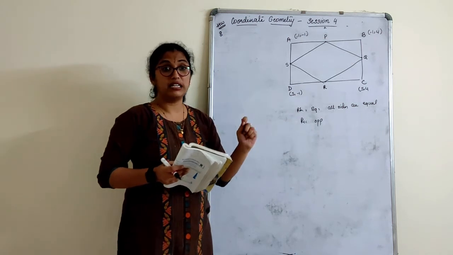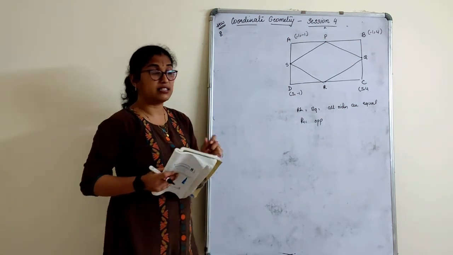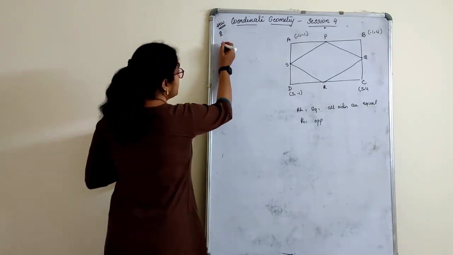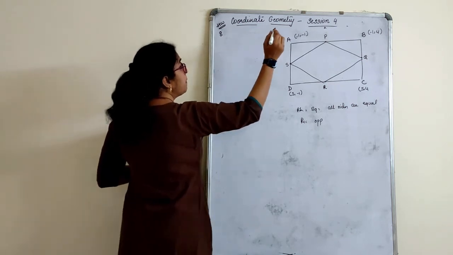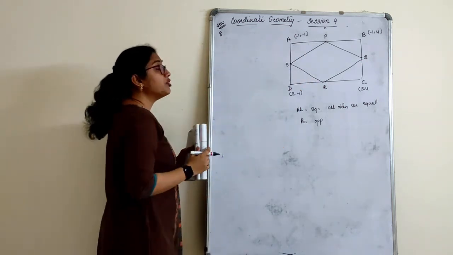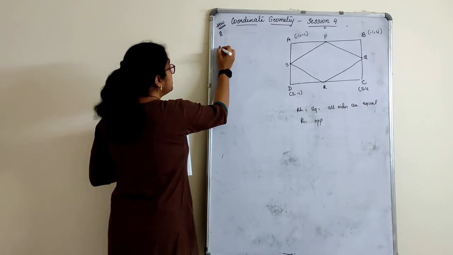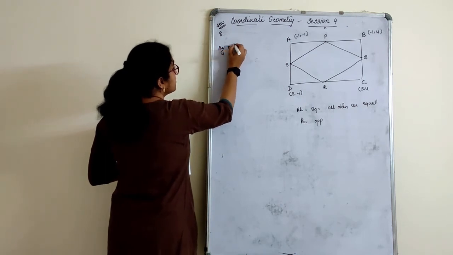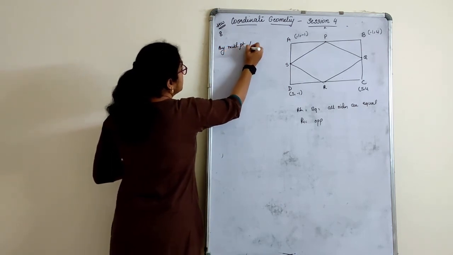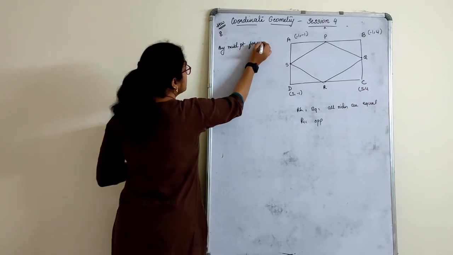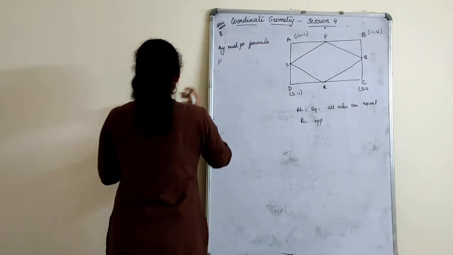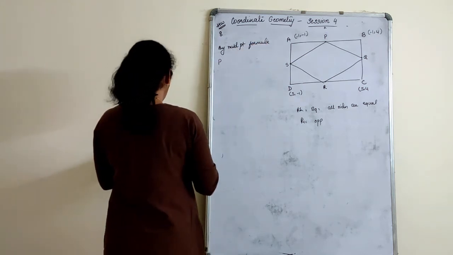We check with the diagonals. We have already done this sum. Now, to find the coordinates of PQRS, how do you find them? By the midpoint formula. By the midpoint formula, find the coordinates of PQRS.